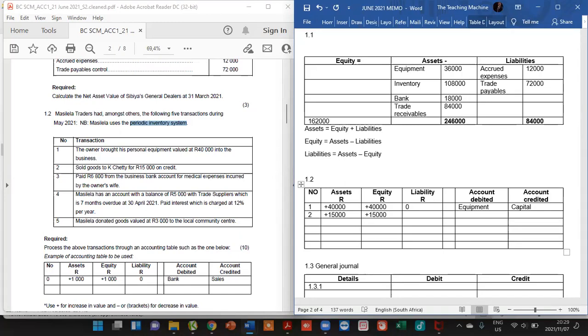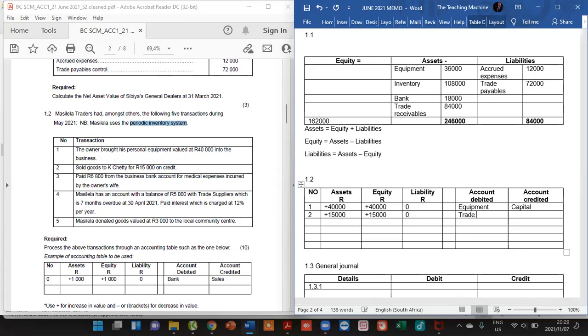Just like I was explaining when I started explaining transaction number 2, I said that the business sold goods, the business lost the value of 15,000. But now because this business uses the periodic inventory system, we will just show the effect of the trade receivables and the sales. So which account will be debited?